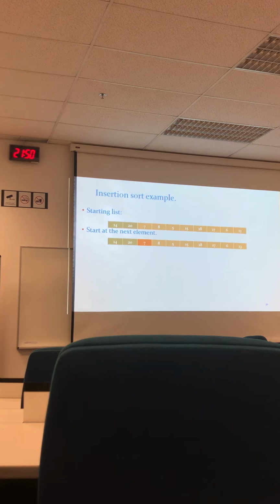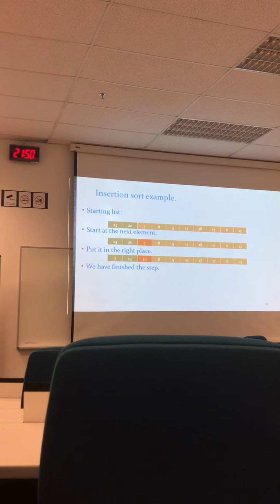The next element starts at 7, so we find the right place for 7. 7 should be in front, right? 7 is lower than 14. So we will have to shift 20 and 14 to the back and move 7 here. So this is the result of the second step. After the second step, the sorted part has 3 elements. So the length of the sorted part always increases by 1. So we have finished this step.